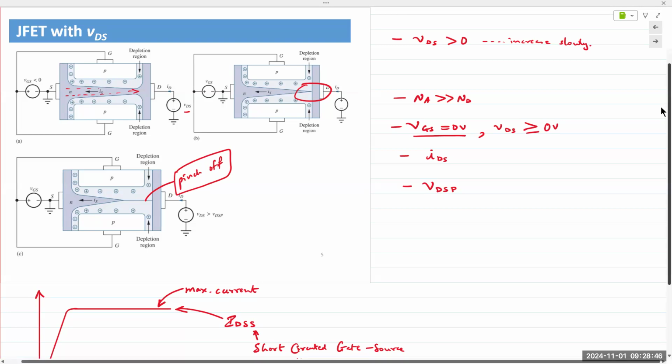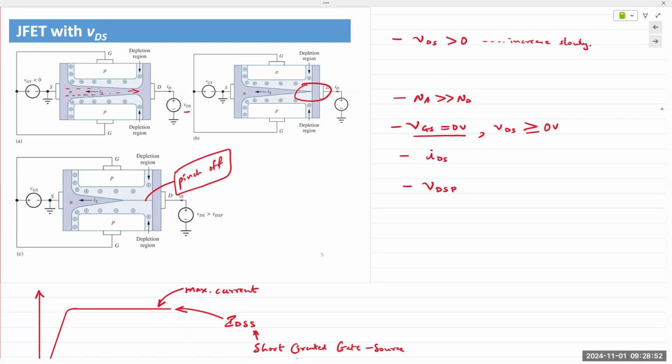So now if we put both of these together, what do you think would happen? Meaning we apply a positive voltage at VDS, and at the same time we apply a negative voltage at the gate. What happens when you apply a negative voltage at the gate? The channel is narrowing, the width decreases.